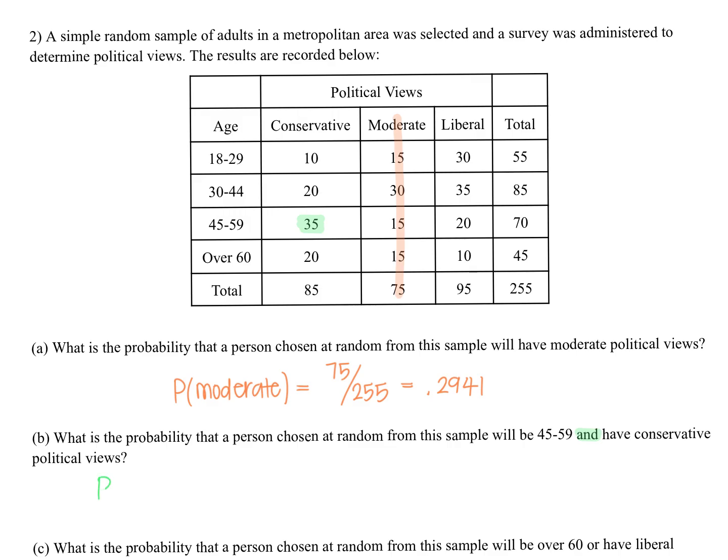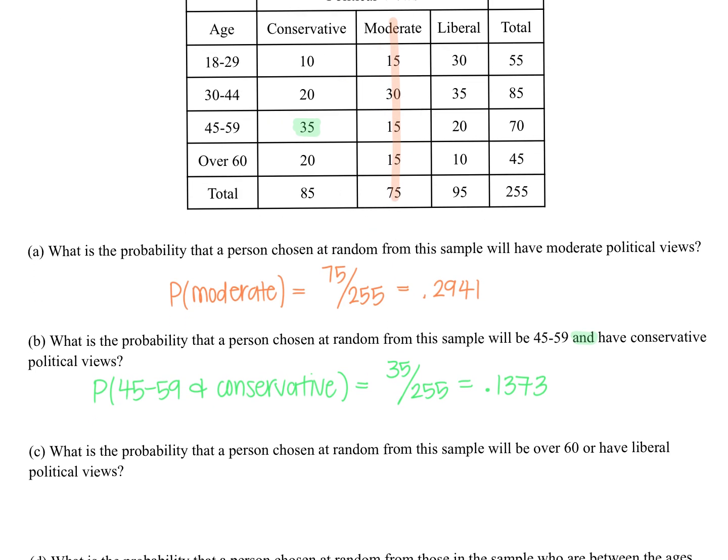So that's the probability of 45 to 59 and conservative, which is 35 over 255, which if you convert to a decimal is 0.1373.